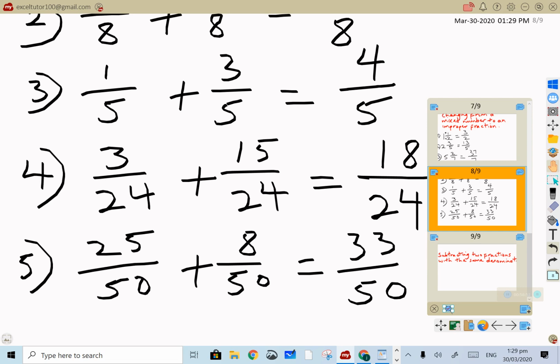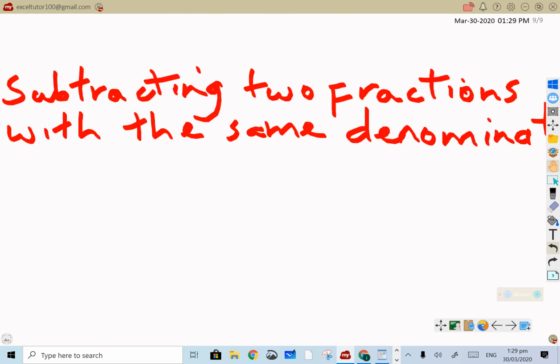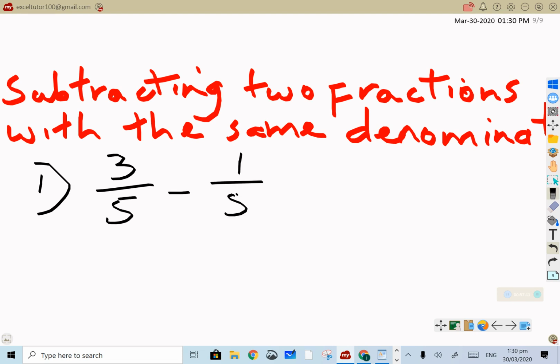I believe that we have one more, which is subtracting fractions. So if we have 3 over 5 minus 1 over 5, we keep the same denominator, we minus the numerators, and our answer will be 2 over 5.